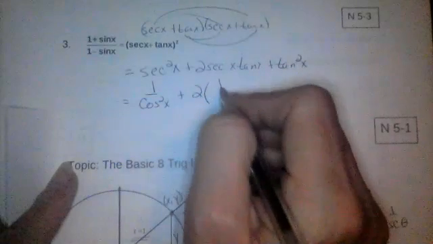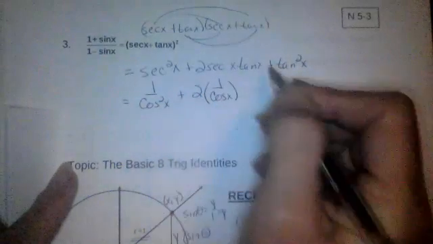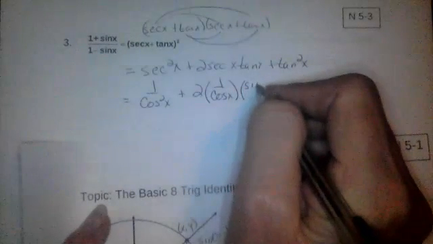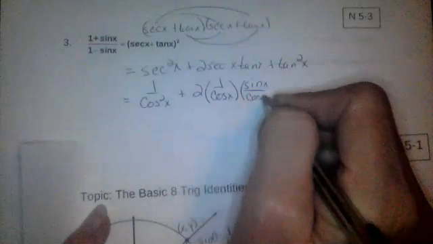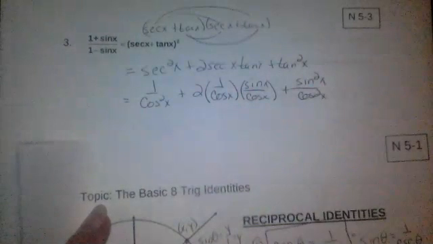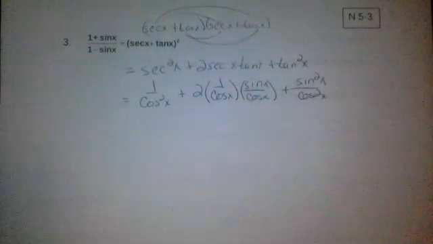And then this secant is 1 over cosine. The tangent is equal to sine over cosine. And so this is going to be sine squared over cosine squared. Okay, so let's see what we get there.